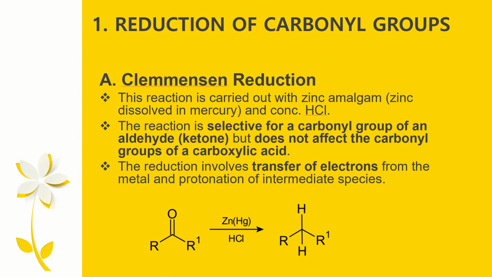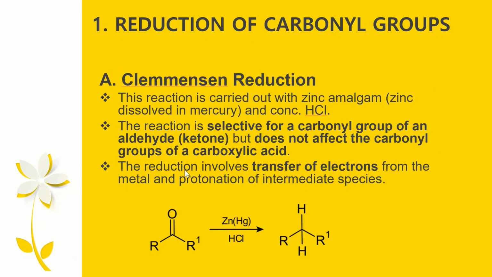All right, so the first is Clemmensen reduction. We're looking at reduction of carbonyl compounds here. So here we have a carbonyl compound, and in the presence of zinc amalgam, and that just means zinc dissolved in mercury, and conc. acid, you get an alkane, right? The reaction is selective for a carbonyl group of an aldehyde or ketone, but does not affect the carbonyl groups of a carboxylic acid.